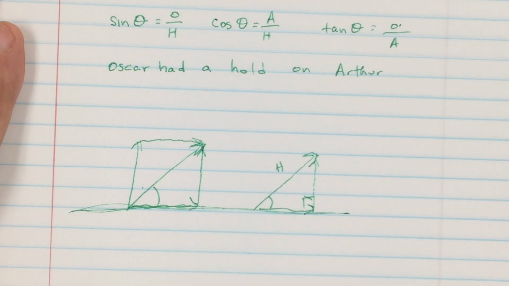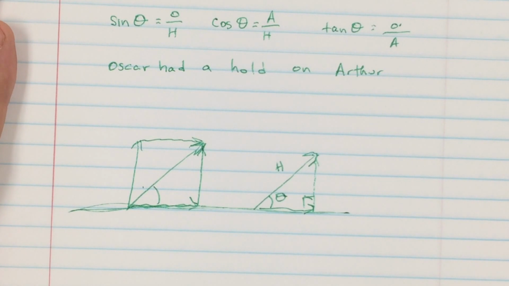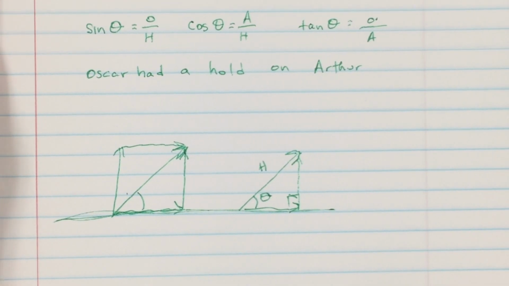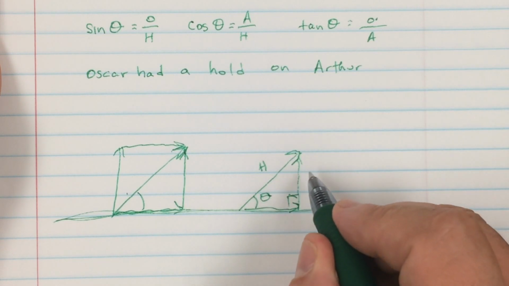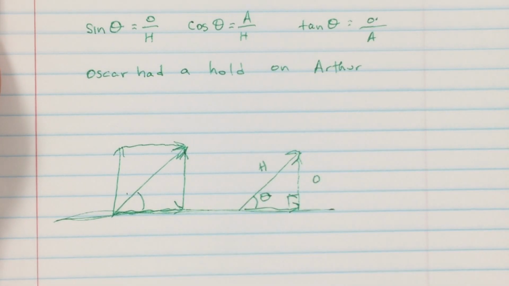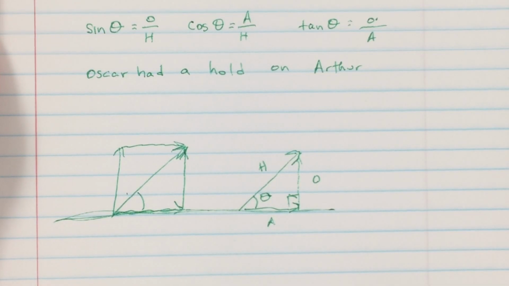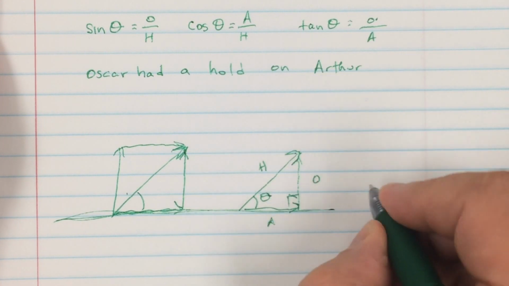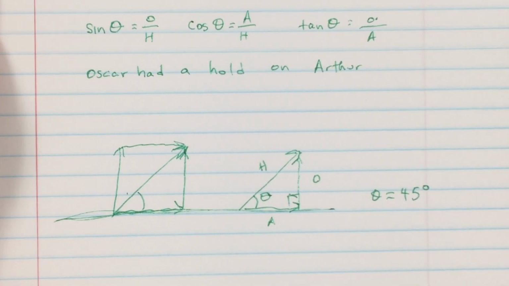So here is the angle of interest, so I'm going to name it theta, just because. If this is the angle of interest, opposite is across, so I'll call that O, and adjacent is next door, so I'll call that A. Let's say theta is 45 degrees, could be anything, I just guessed it.